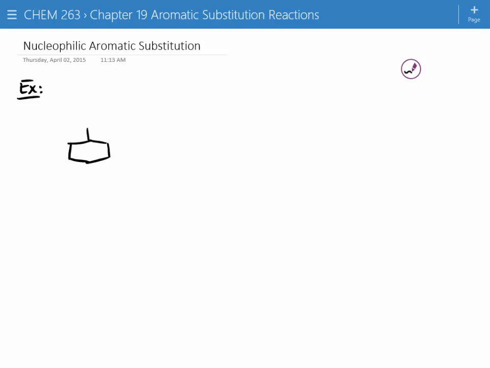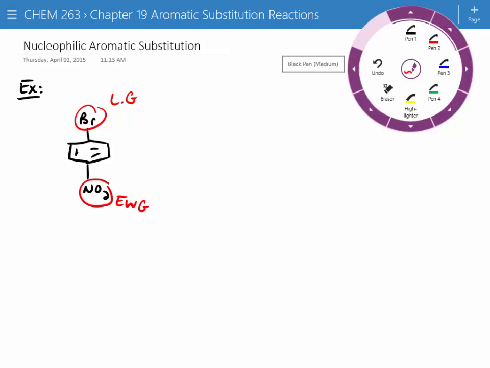So the key thing is you have to have a leaving group, which I'll arbitrarily show as bromine. And you have to have a very strongly electron withdrawing group. So I'll call this our leaving group. And then, I'll call this our electron withdrawing group. This is key for these reactions to work.